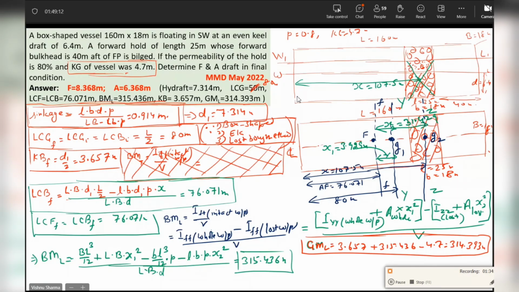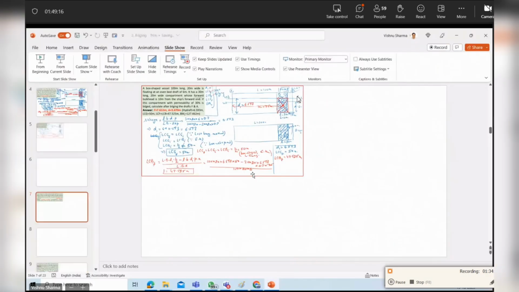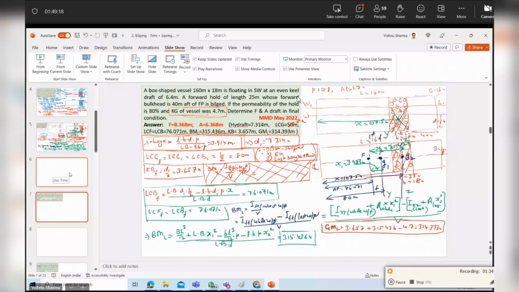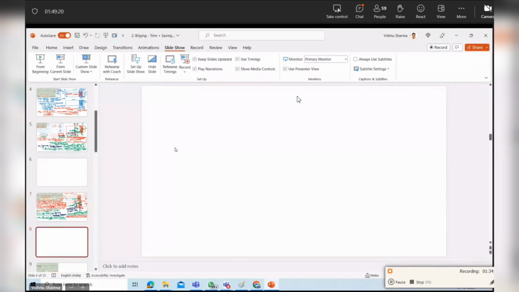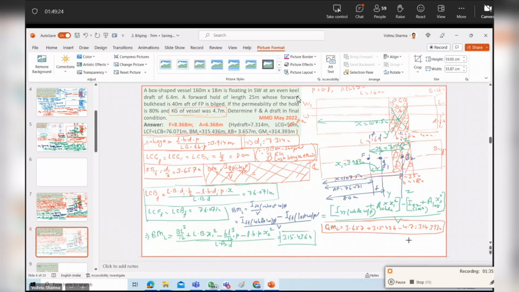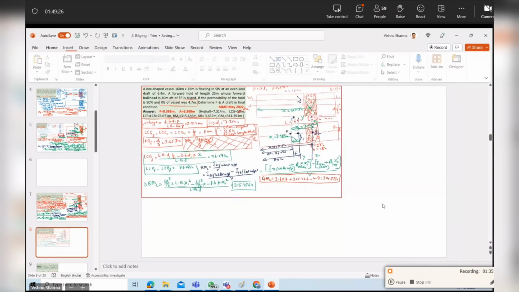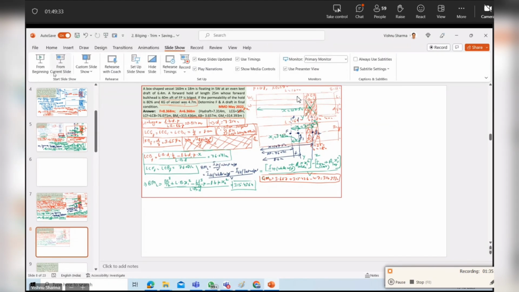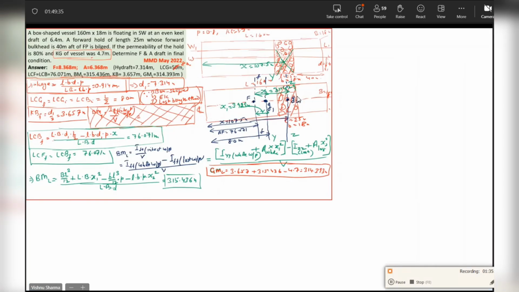Let me take a blank sheet then. Do you agree, beta? Is that okay? Okay, once GML is obtained, my trim formula is: trim will be equal to trim in centimeters.